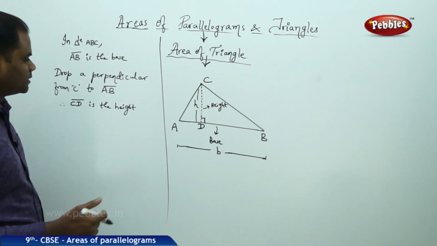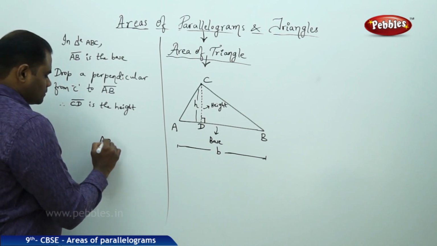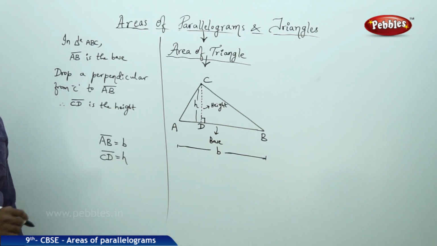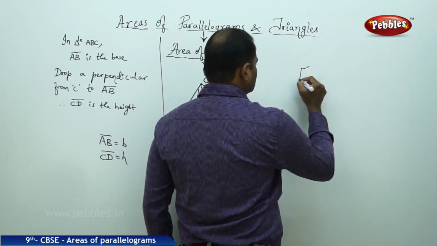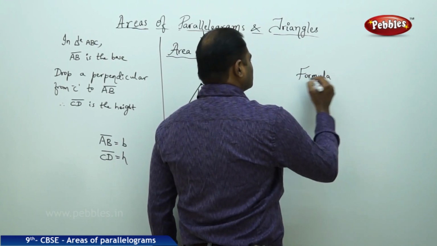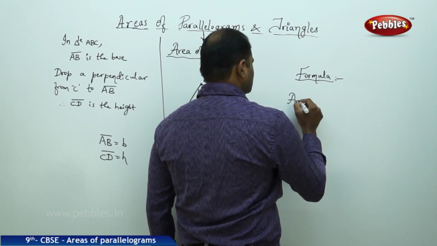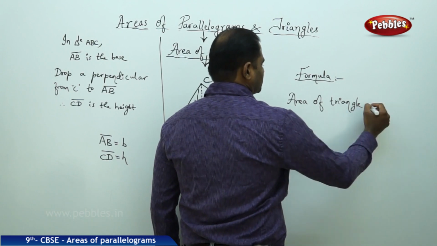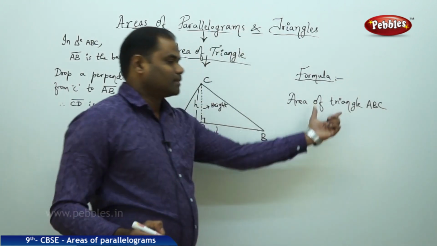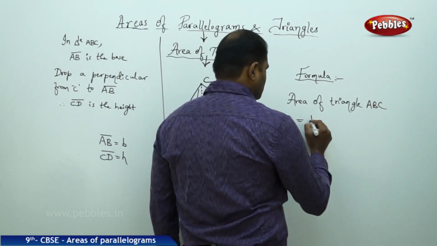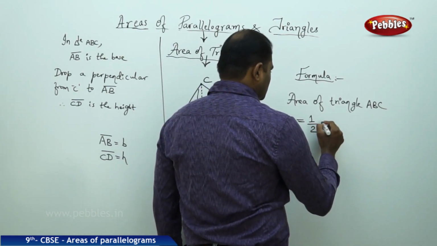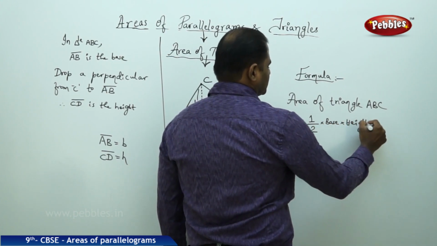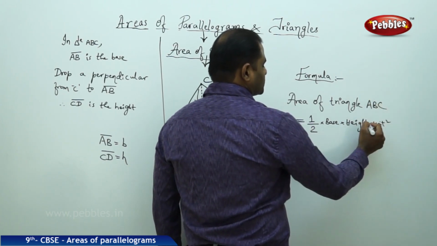With AB equals B and CD equals H, I can derive the formula as: area of triangle ABC is given by the formula half into base into height square units.